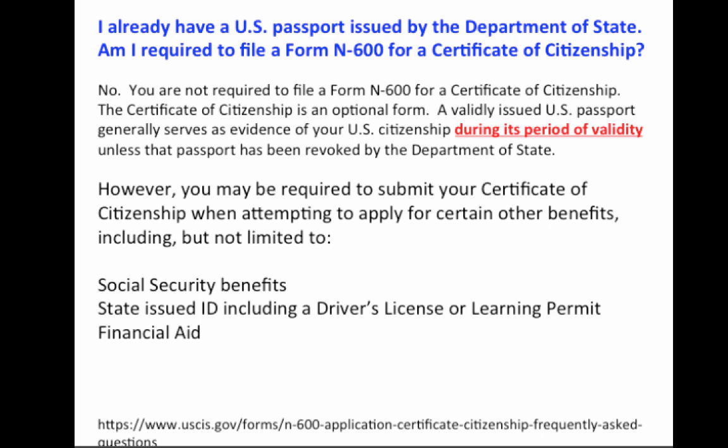Don't want your kids to get stuck not being able to get this. Financial aid for college, especially employment, passport renewal. So we highly recommend you go ahead and get that passport and then save up and definitely apply and get that certificate of citizenship to be safe.